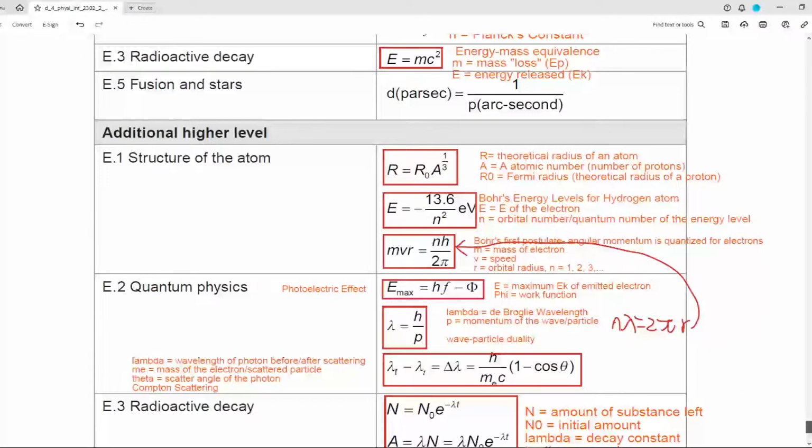E.4 is not on here. That's because E.4 is about nuclear fission and balancing decay equations. Just remember the number on top, the number of nucleons, must be balanced. The number of protons must be balanced. That's conservation of nucleons and conservation of charge. Just make sure those are balanced. Then it's all okay.